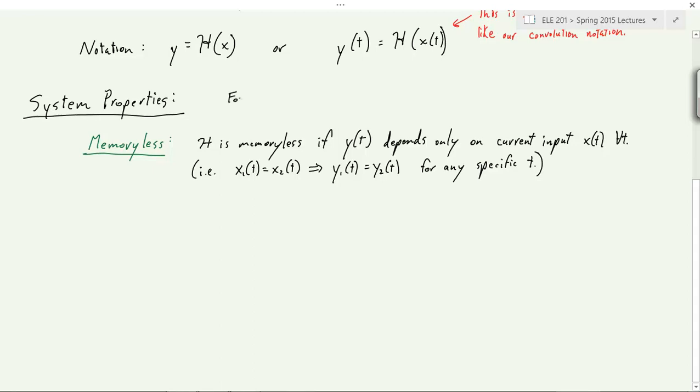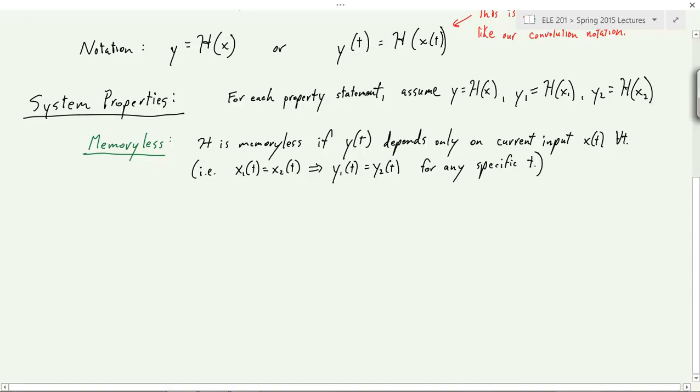So for each, let's just assume that y equals h of x, y1 equals h of x1, and y2 equals h of x2. So that'll just help me state the properties more easily.